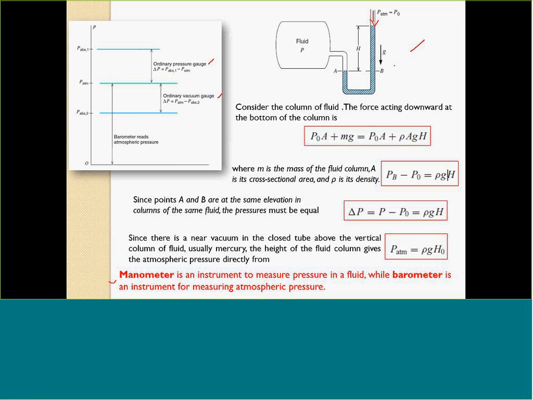Towards the bottom of the column, we're going to consider the gravitational force as well. Here we have the initial pressure P naught at the atmospheric pressure, considering the cross-sectional area of the fluid column, and we need to consider the density of that fluid.